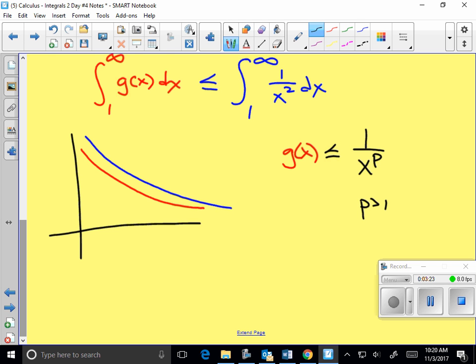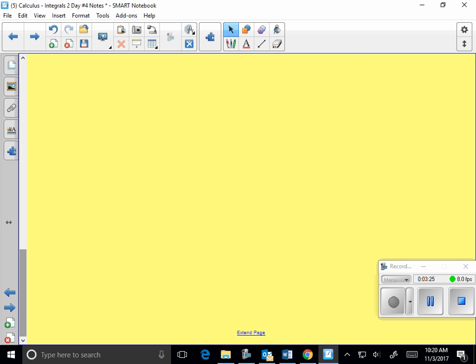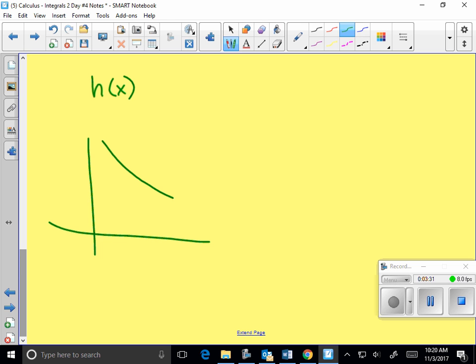Okay, the alternative is also true. Let's say I'm not sure on h of x. Here's h of x. I'm not quite sure. Well, how could I prove that h of x is divergent then? What would have to be true of, let's call this t of x?